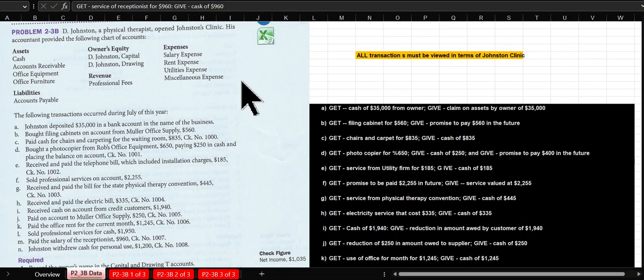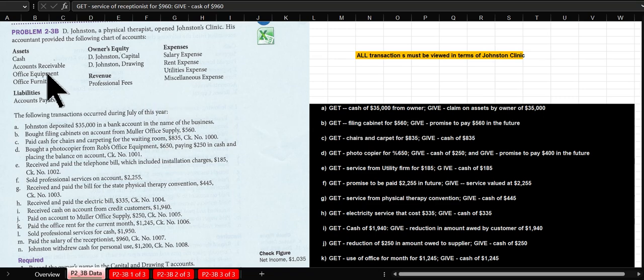Now that we have the fundamentals under our belt, we know that every transaction will have a get and a give, and that we always debit the get and credit the give. We can go through our transactions, determine the get and the give for each, and therefore we will know whether we should debit or credit.